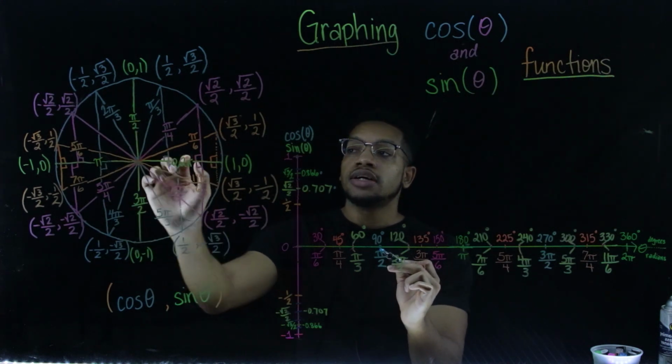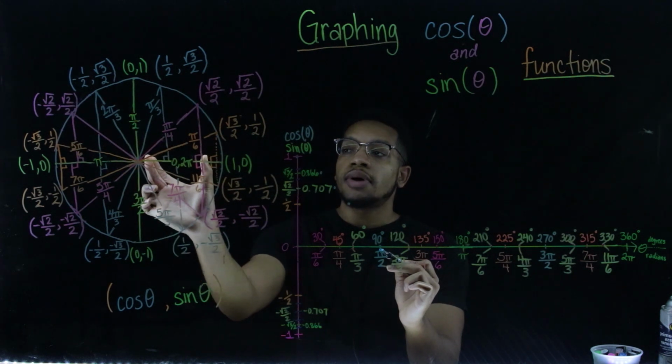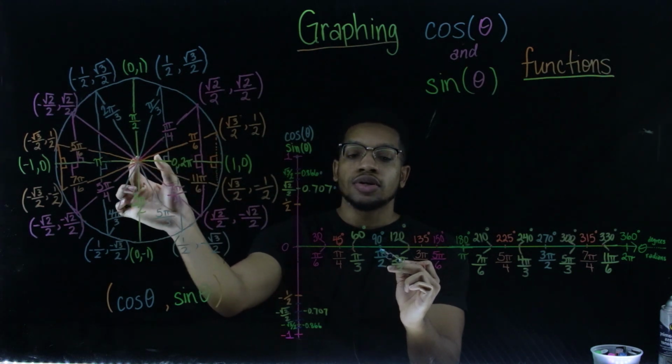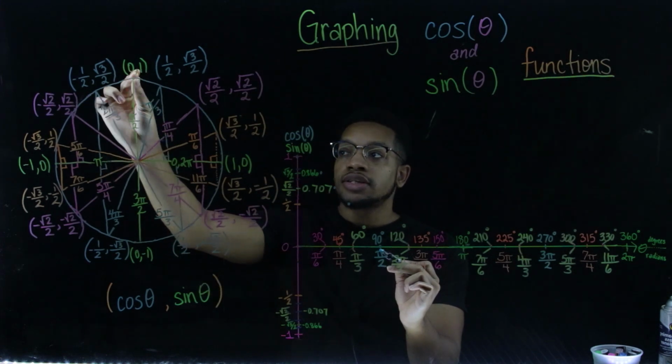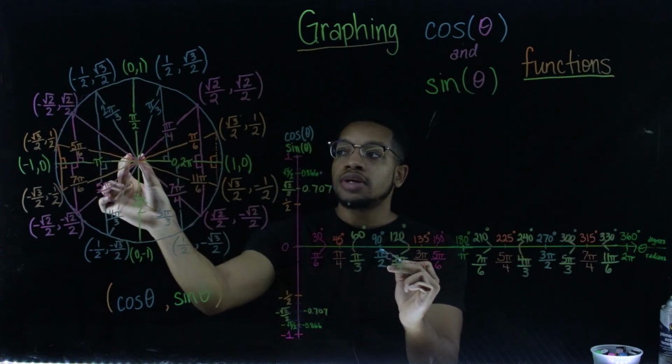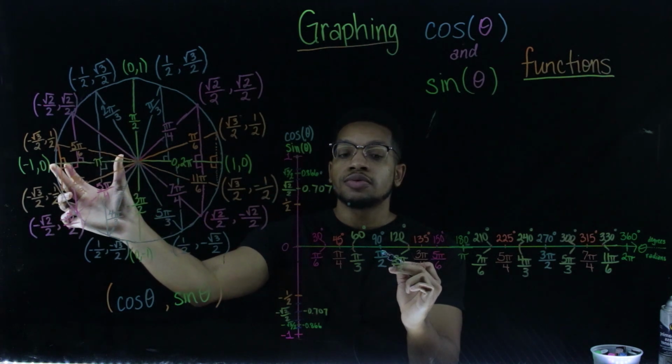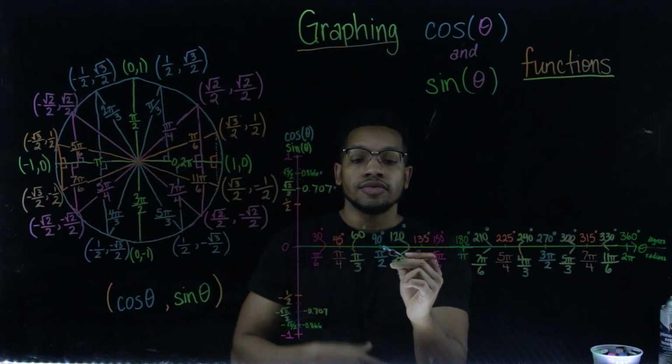So as theta gets bigger and bigger, you can see my x coordinates get smaller and smaller until right here my x coordinate is 0. And then as theta gets bigger and bigger, my x coordinate is getting closer and closer to -1. And you'll see that in the graph.